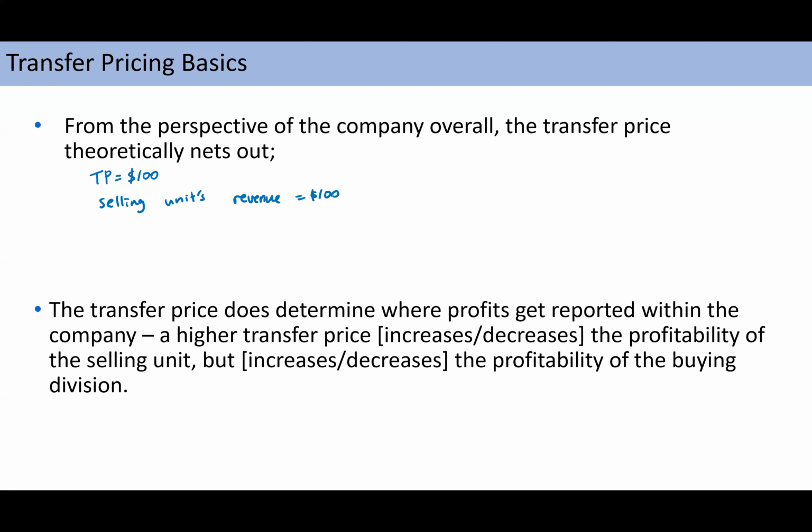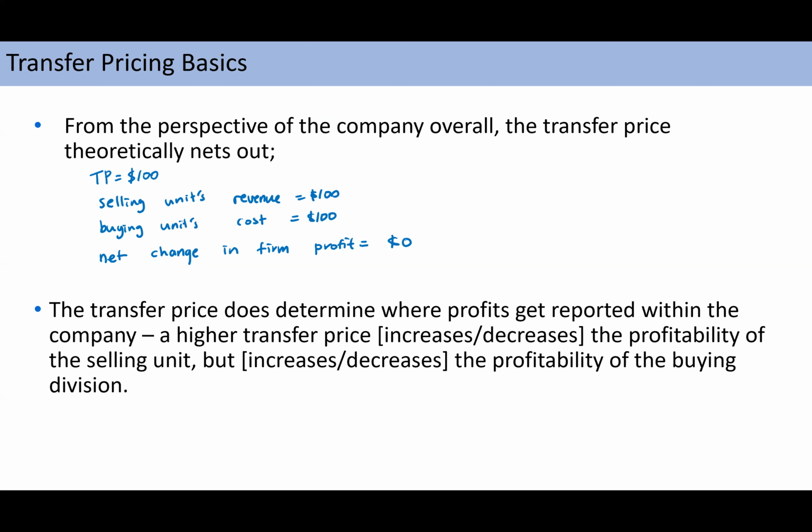And each time the buying unit buys from the selling unit, they recognize a cost of $100. So at the firm level, the net change in firm profit would always equal $0.